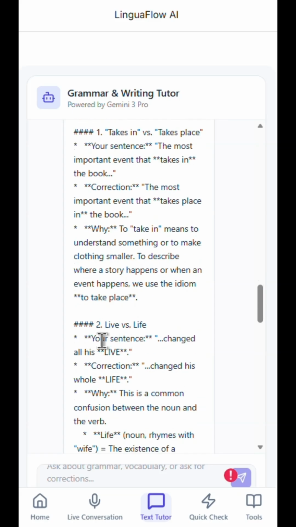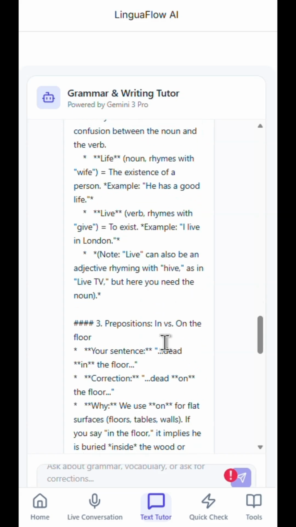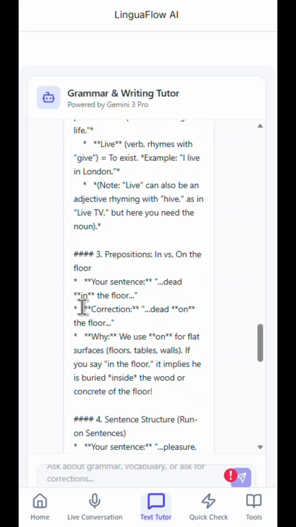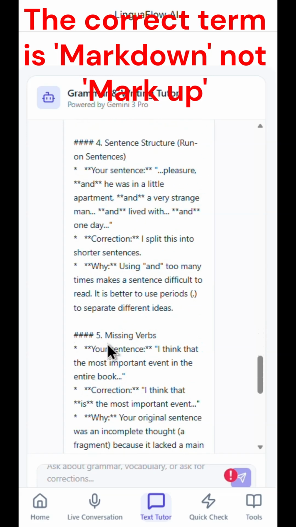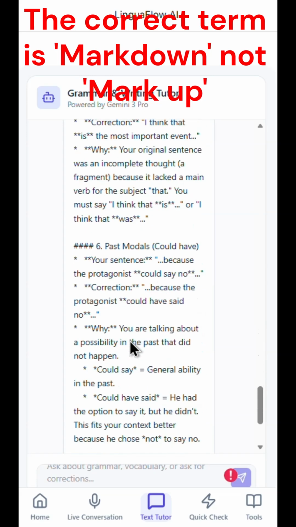And then the difference between live and life. Some preposition problems here. But as you can see, it's not easy to follow because of the markup with the double asterisks, and I suppose the four hashtags are to mark some sort of heading, but it's not being rendered as that.